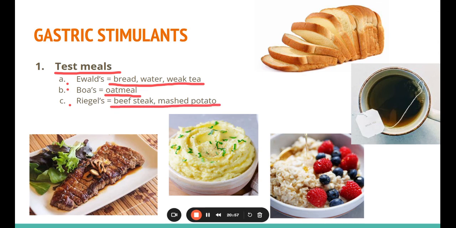So which of these tests do you think might trigger the stomach to produce more acids? Naturally, it would be the one involving the tastiest foods, right? Such as beef steak. So, have you ever noticed that when you are enjoying tasty food, you tend to eat more than usual? This happens because the stomach gets excited and it releases more acids.